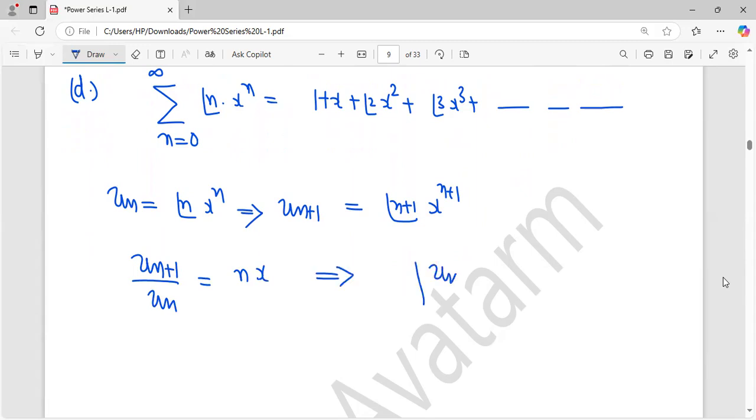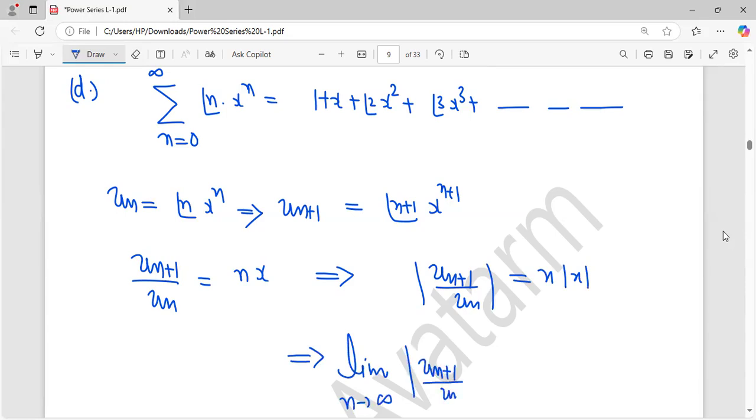So this implies un plus 1 upon un is equal to n times x. Okay. So what is the limit? So this implies limit n tending to infinity un plus 1 upon un.